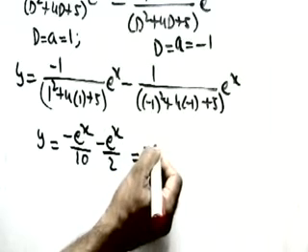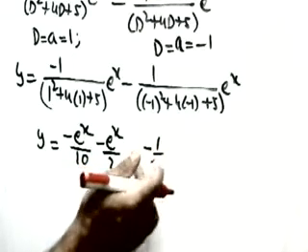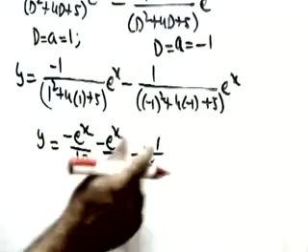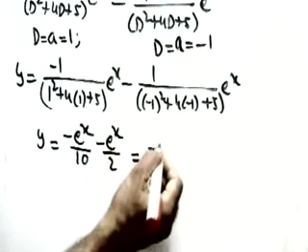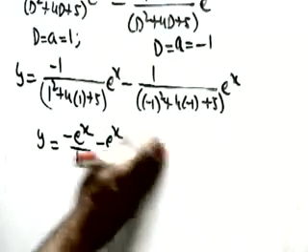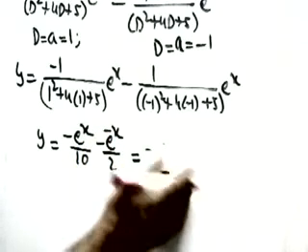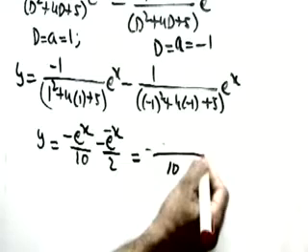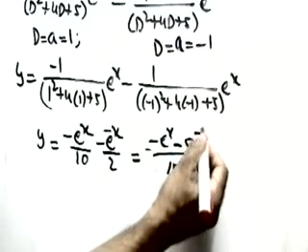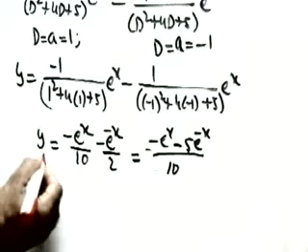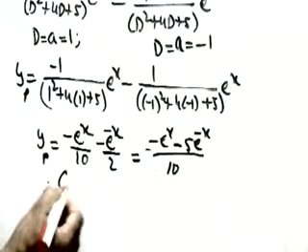See here we can do one thing, watch carefully. Let me take common minus and take the LCM. The LCM will be 10, so this will be minus of e power x plus 5 e power minus x. Now we got this, this is yp, the particular integral.